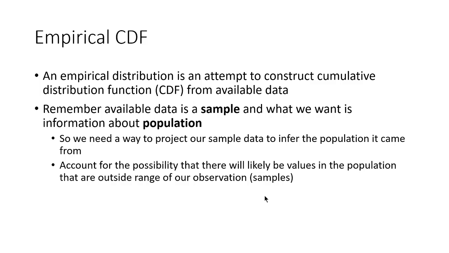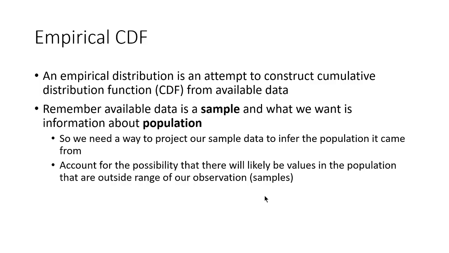So what is an empirical cumulative distribution function? The empirical distribution is an attempt to construct a cumulative distribution from the available data. Again, remember that we're always interested in the population and not the sample. But we want to use the data that we collected, or our sample, and create a distribution function from that sample to describe the cumulative distribution function of our population.